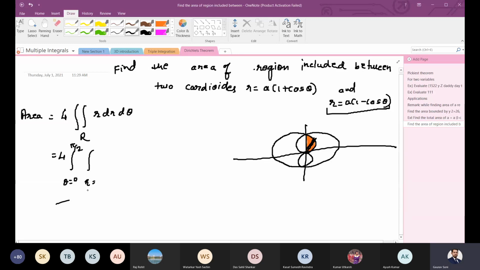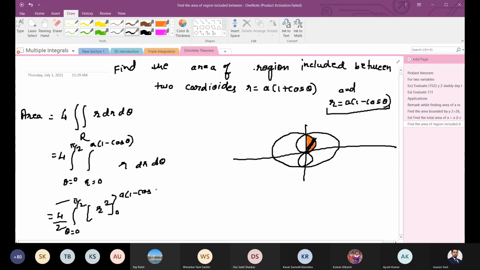So r is running from 0 to a(1 minus cos theta), r dr d theta. Integration is r square by 2, 0 to a(1 minus cos theta), d theta.